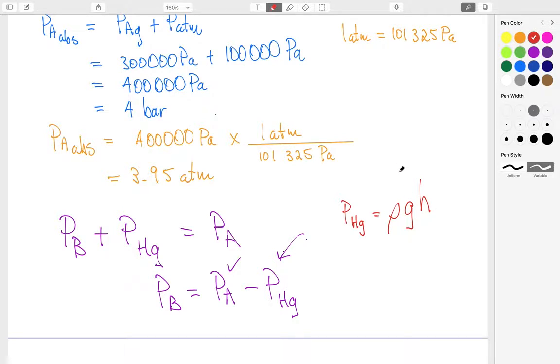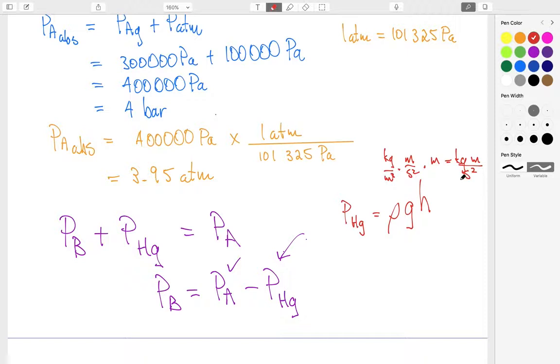And it's really interesting to go back and check the units on this. You'll see that if this is measured in kilograms per cubic meter, and this is in meters per second squared, and this is in meters, we get a unit that is kilograms meters per second squared.